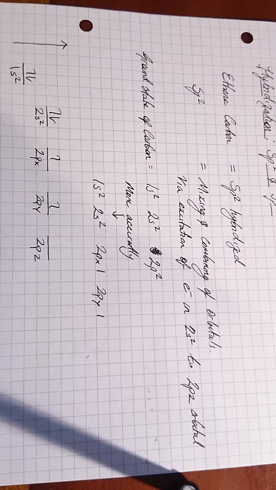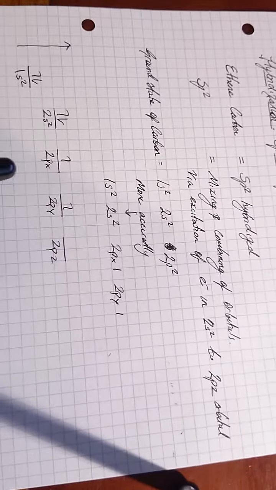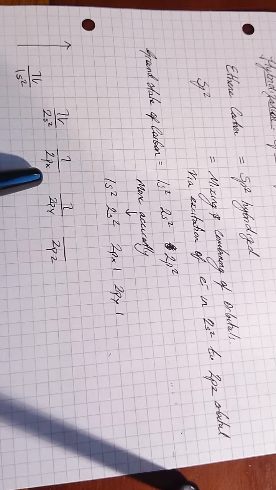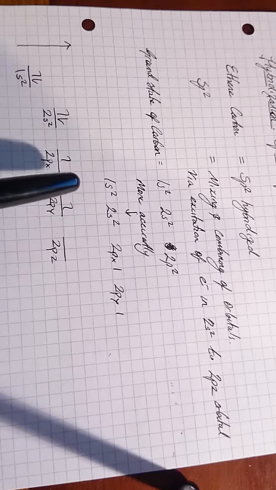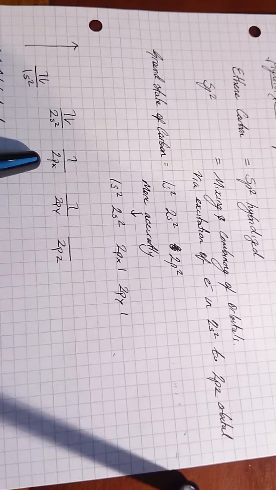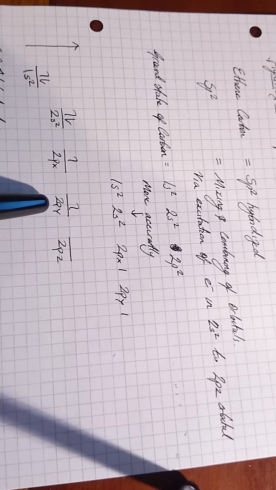The reason why we need to hybridize the carbon to sp2 is because if we look at the ground state of carbon, this one here, we only have 2 unpaired valence electrons in the 2px and the 2py orbital.